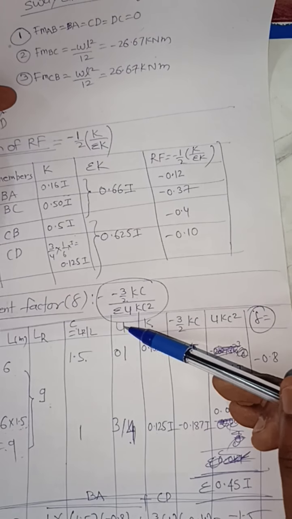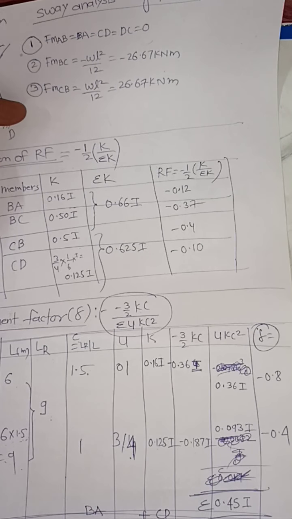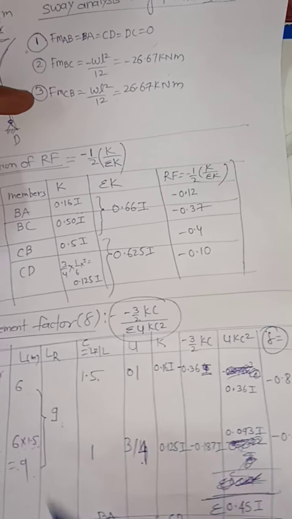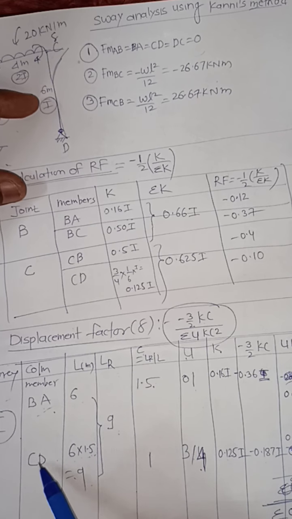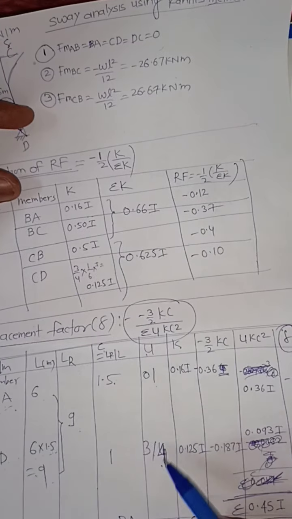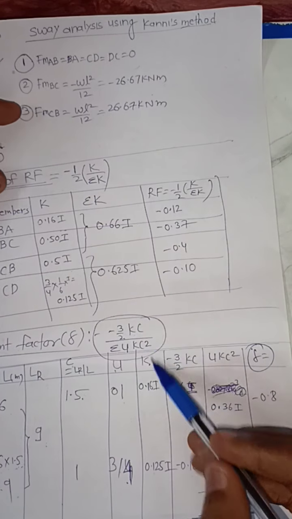Next is U. U is the constant factor, that is if the support is fixed. Here BA is the fixed support, A is the fixed support, so you have to consider U as 1. If the support is hinge support, CD, if you see CD is the hinge support, then in that case you have to consider the factor as 3 by 4 always. Now next is K factor.